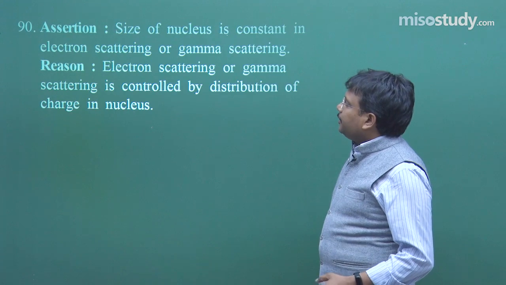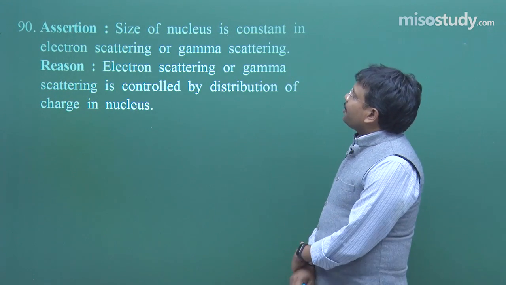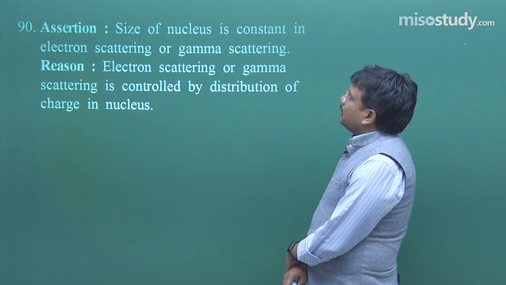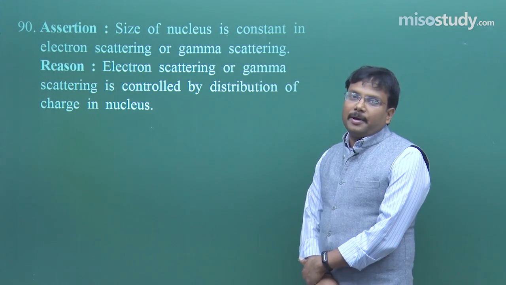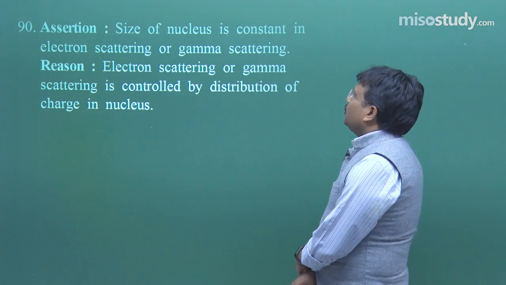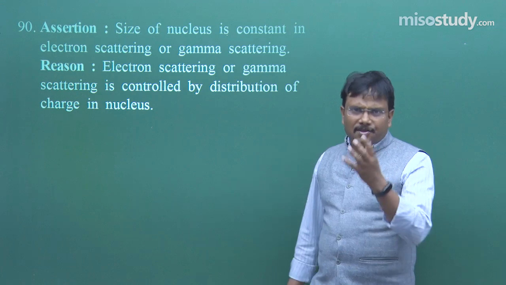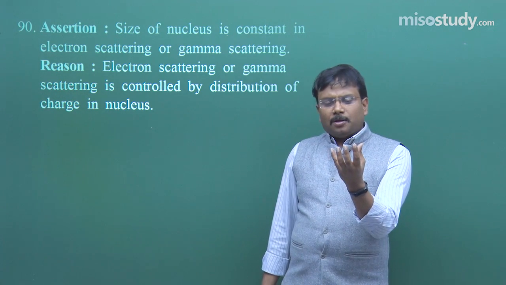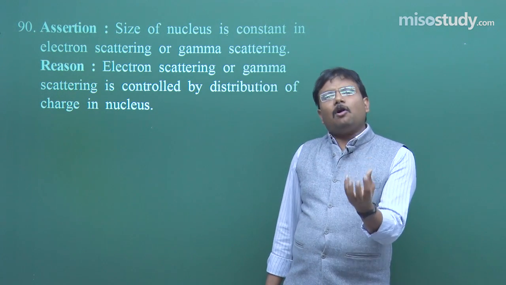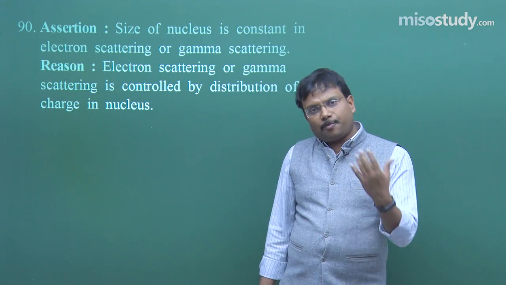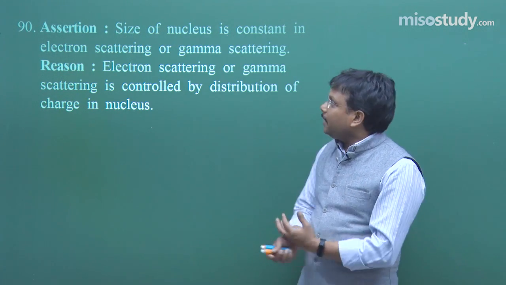Question number 90. Size of nucleus is constant in electron scattering or gamma scattering. So, obviously, nucleus size is something which is considered as a collection of nucleons within the nucleus, that is protons and neutrons. Fine.